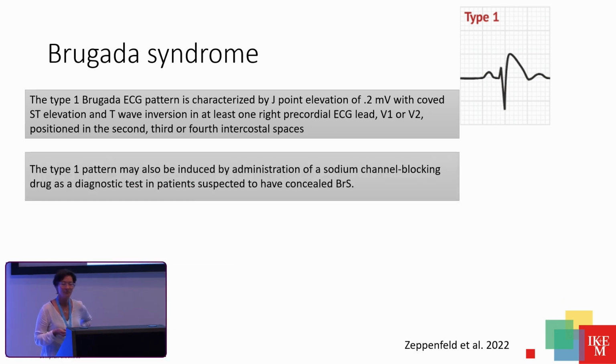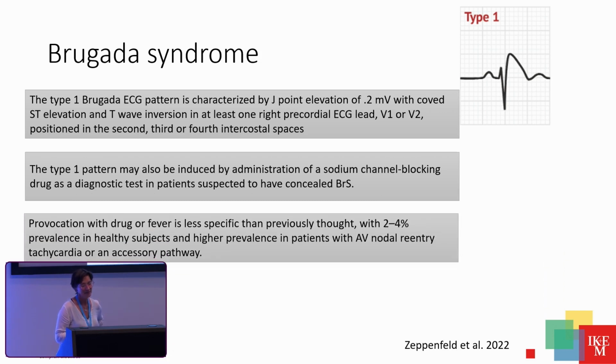Of course, type 1 Brugada can be induced through administration of sodium channel blockers during an ajmaline test, which we use as a diagnostic tool in patients with, for example, idiopathic ventricular fibrillation or tachycardia. But we know that the appearance of Brugada type 1 after provocation with fever or the ajmaline test is probably not so specific.